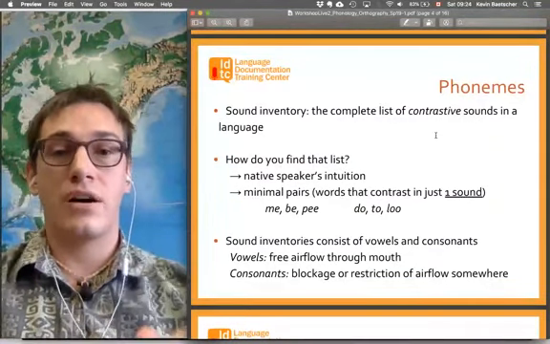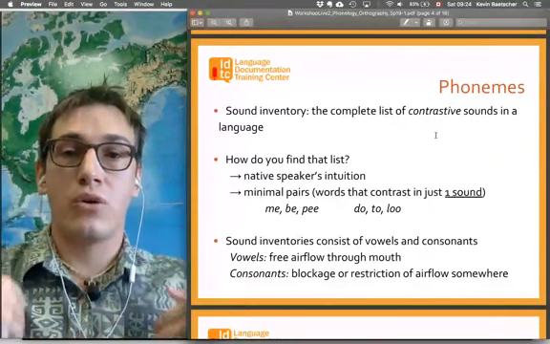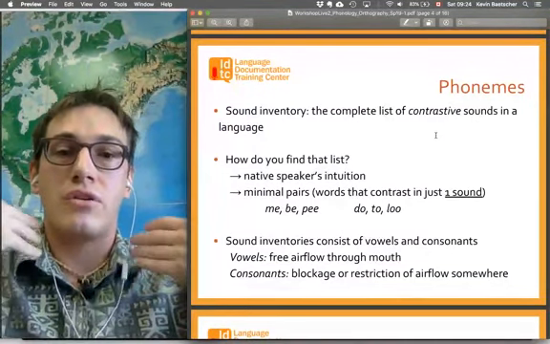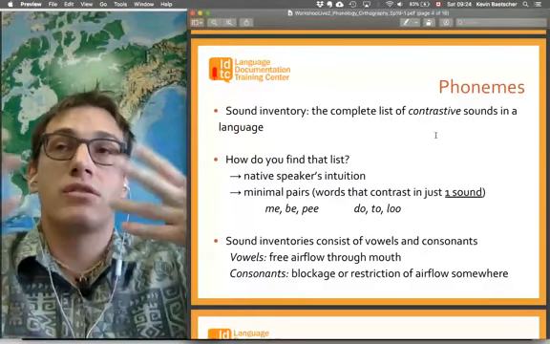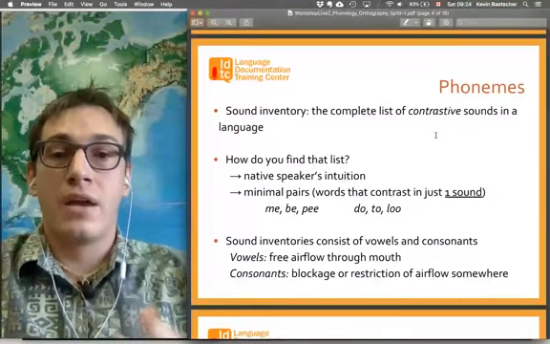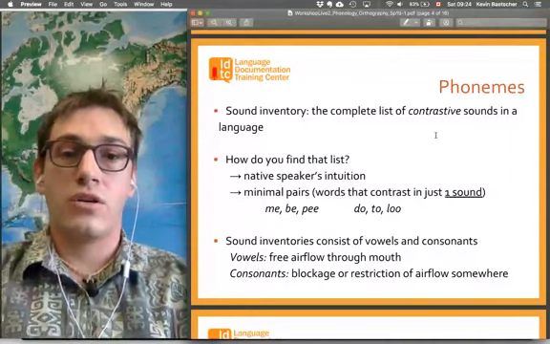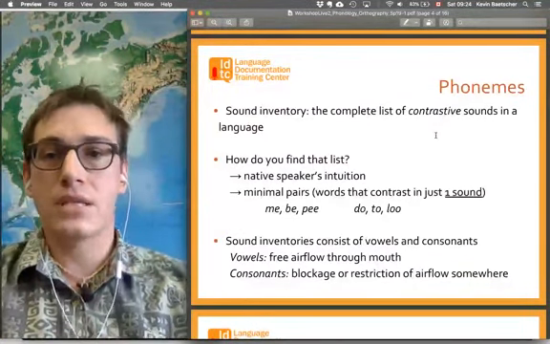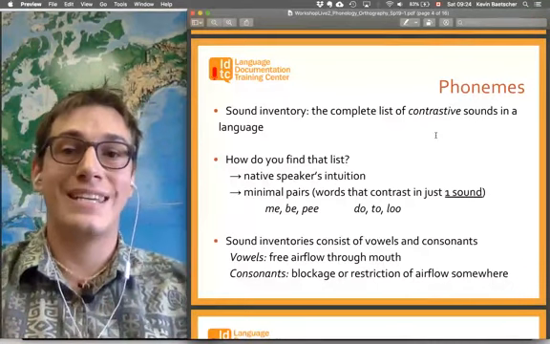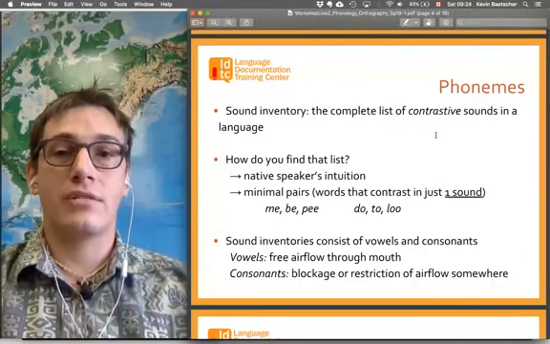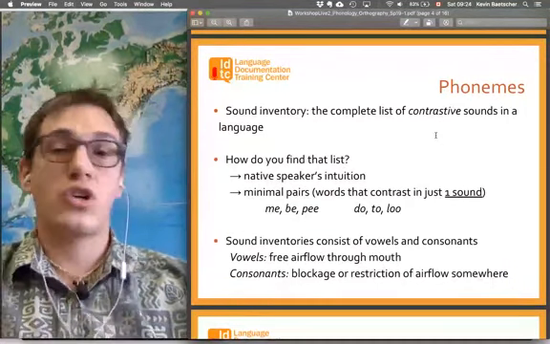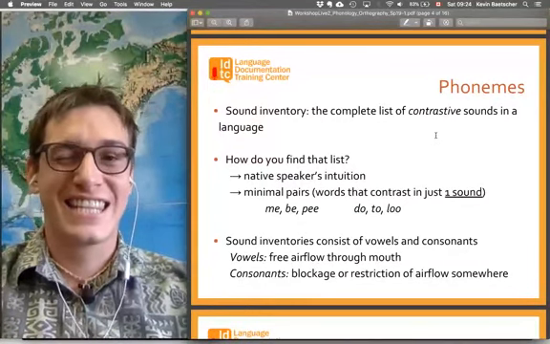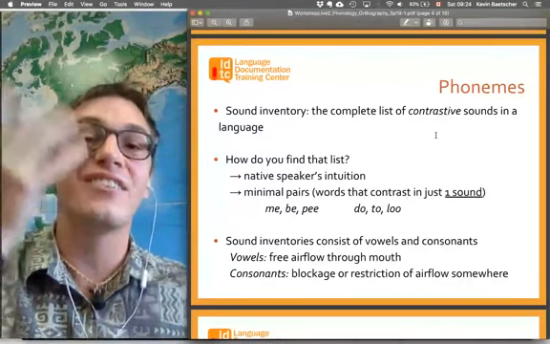So vowels are sounds where the air flows freely through your vocal tract, from your lungs out of your mouth. When you pronounce consonants, though, there's a blockage or restriction of the airflow somewhere. Sometimes it's completely obstructed, like when you say a T, and you notice that when you try to say a long T, there's no sound until you release it, right?